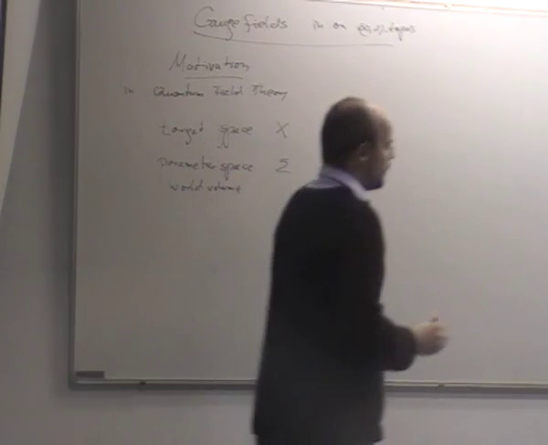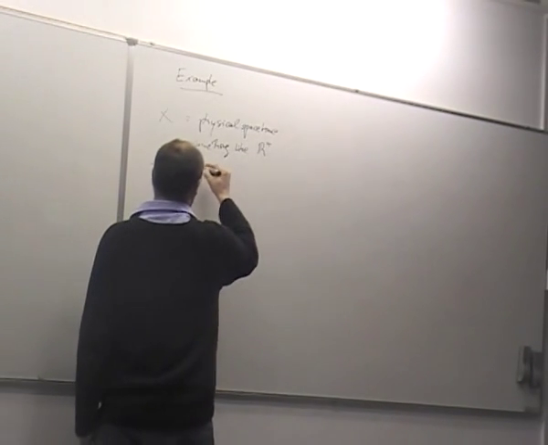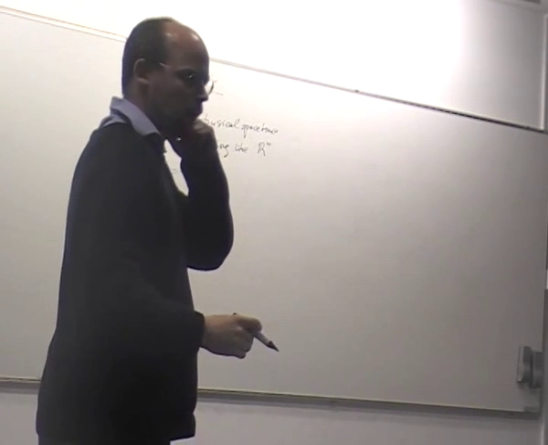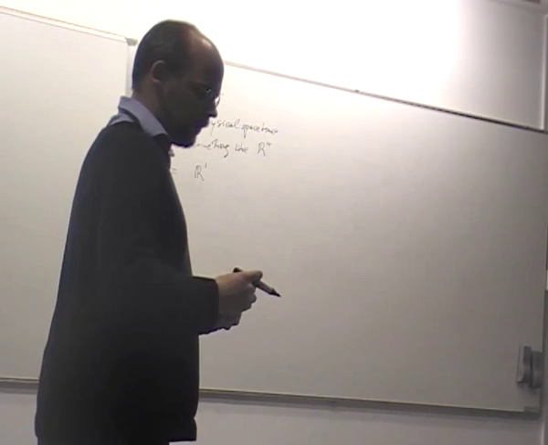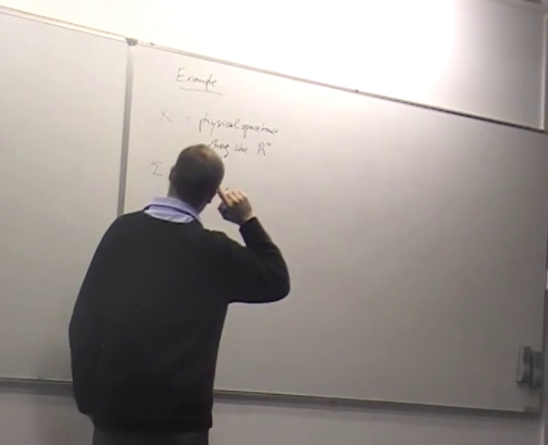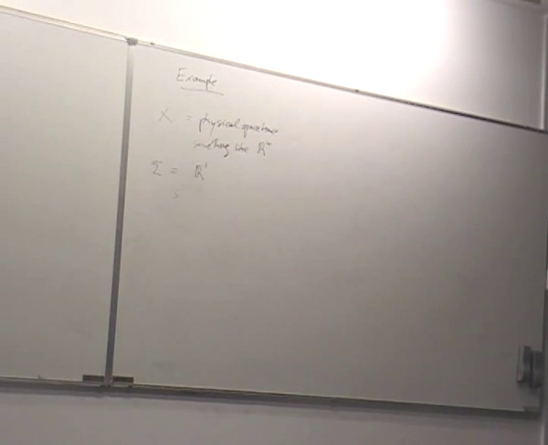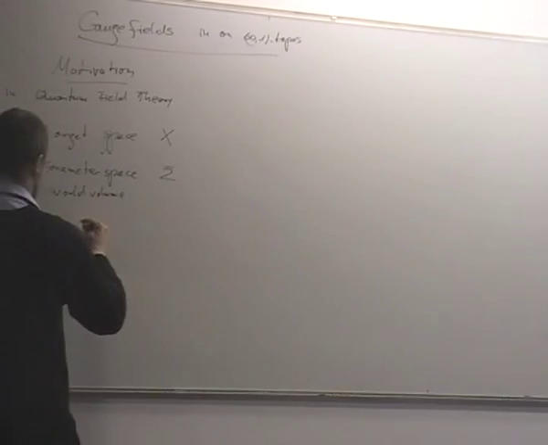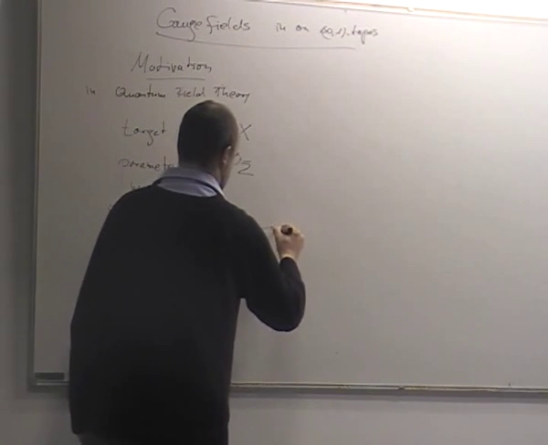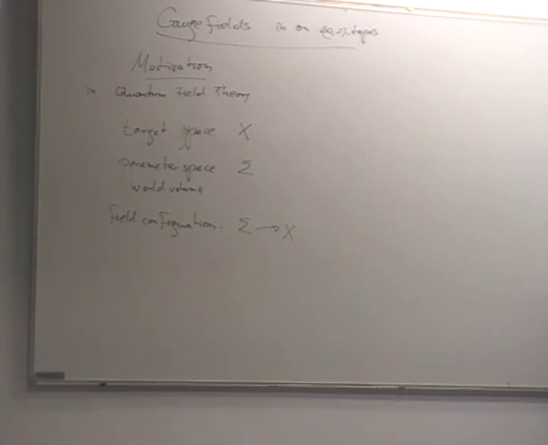Why is it called that? Because here, in this simple example, we want to think of sigma being the real line that we think of as the line along which the time, the internal time of some particle, is being counted, such that a field configuration for the system is some map from parameter space to target space, which here is a trajectory.